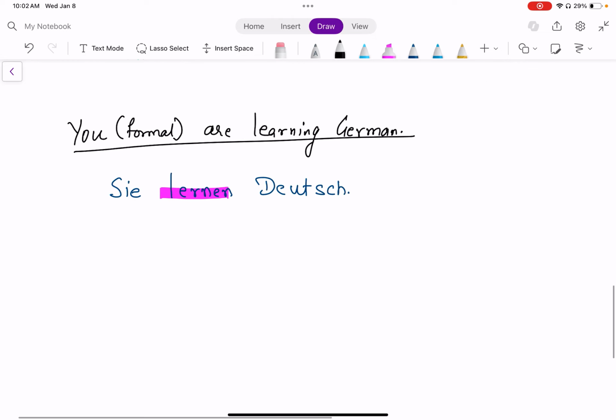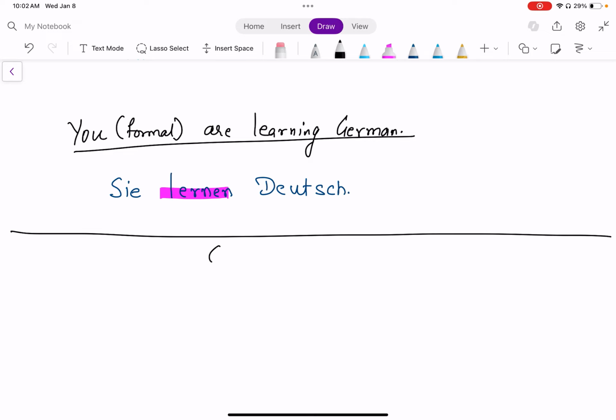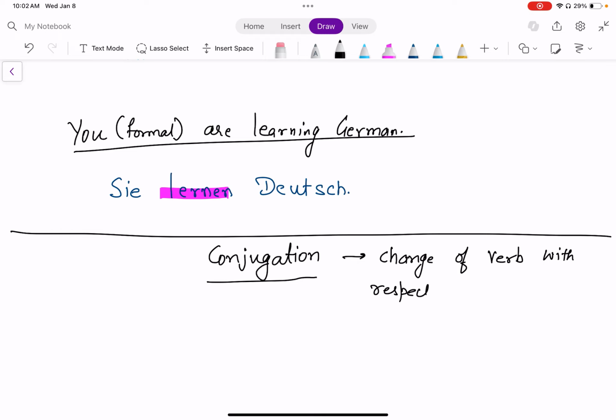So, this is called conjugation. So, what is this conjugation? This means change of verb with respect to subject. Okay? Always remember.